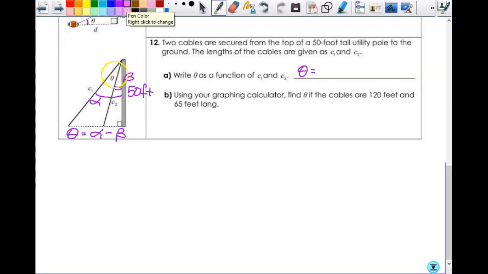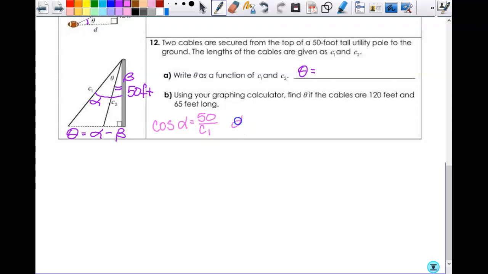So let's do alpha, this big one. This is the adjacent and the hypotenuse. So which trig function is that? Cosine. So the cosine of alpha is equal to 50 over C1. I need to solve for alpha in order to plug it into my little equation.